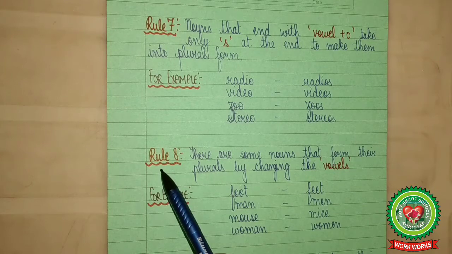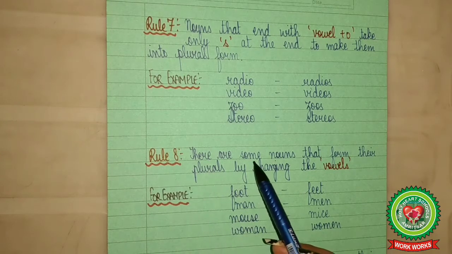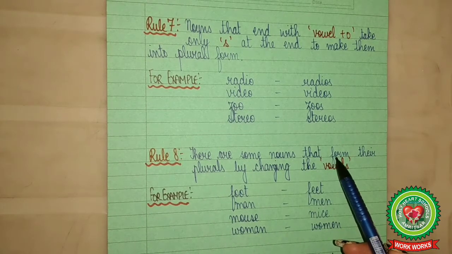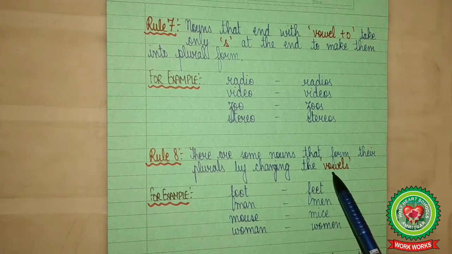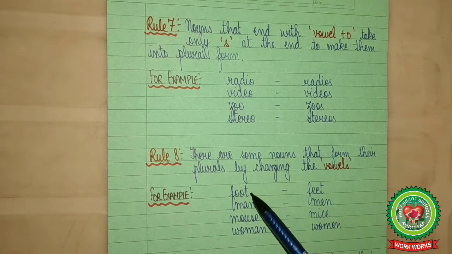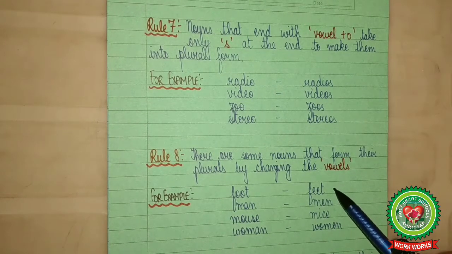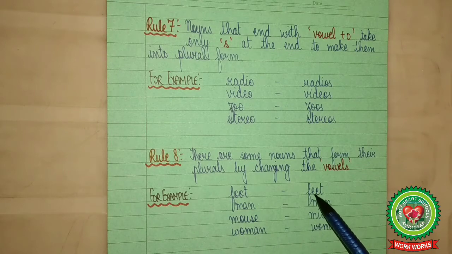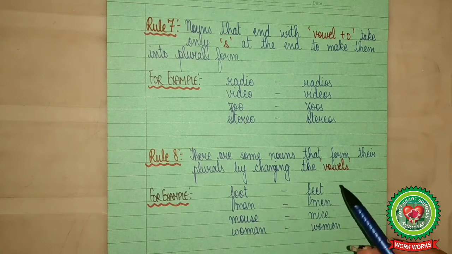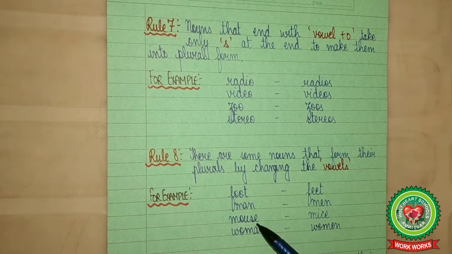Now the next rule is, there are some nouns that form their plurals by changing the vowels. For example, foot becomes feet. Here vowel double o is changed to the vowel double e. Man becomes men. Mouse becomes mice.